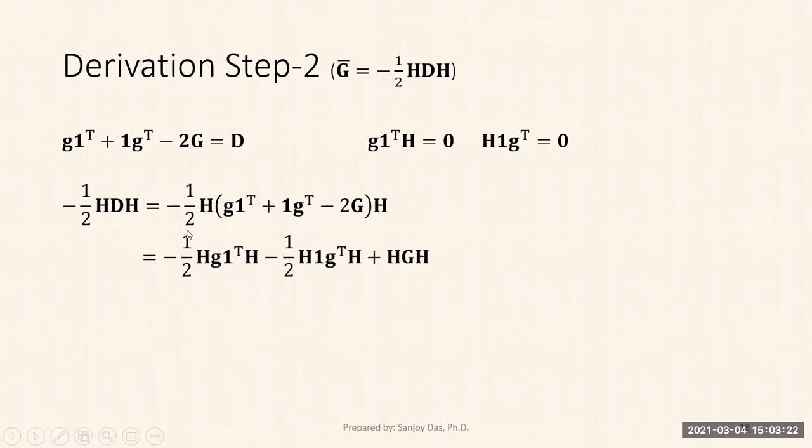What will be the first term? Negative half H G1 transpose H. What's G1 transpose H? This is 0. The second term is 0. So negative half HDH equals HGH.